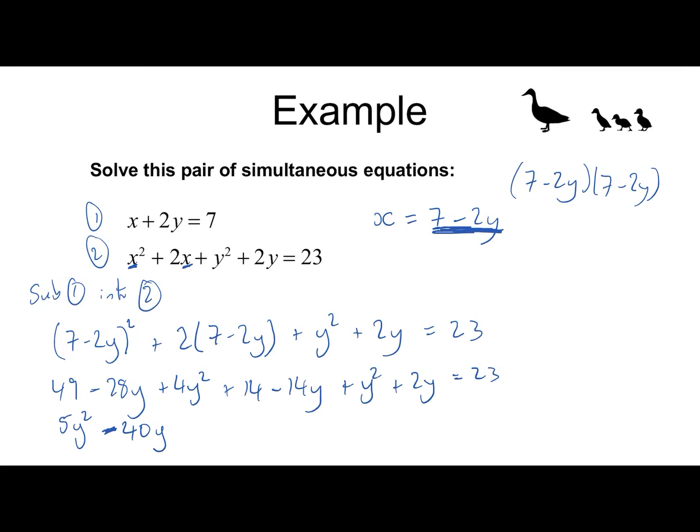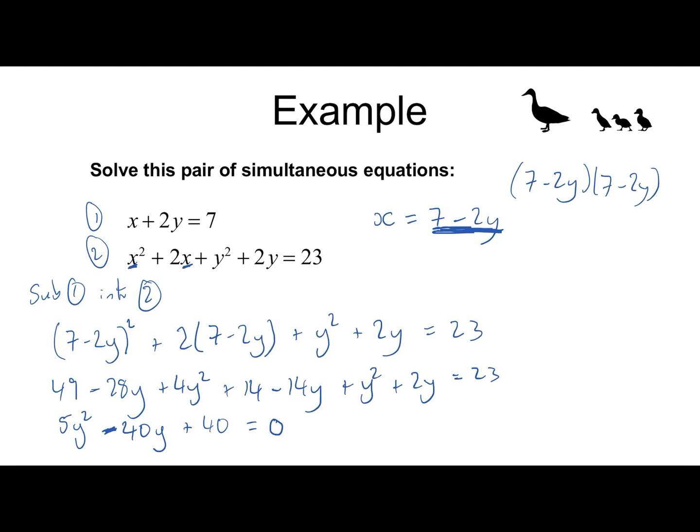And now, remember, I need to have everything on the left-hand side because we need to make the right-hand side equal to 0 if I'm going to solve the quadratic equation. So 49 plus 14 is, that would be 63, minus the 23 that comes from the other side is going to be 40.